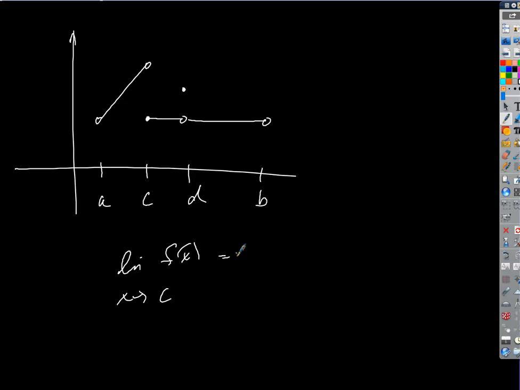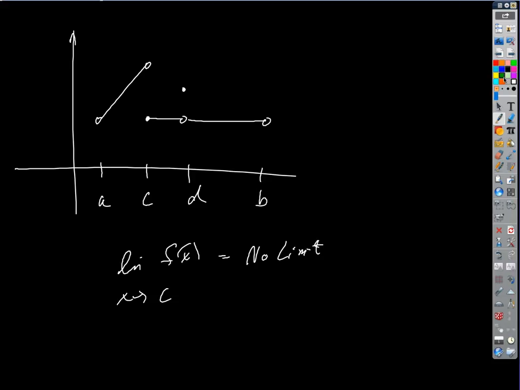No limit because there's a big break there, right? Large break. And the guy on the left thinks he's approaching that value. The guy approaching from the right thinks he's approaching that value. They don't agree, so there's no limit. Good. What's the limit, same picture, how about the limit of f of x as x approaches d?